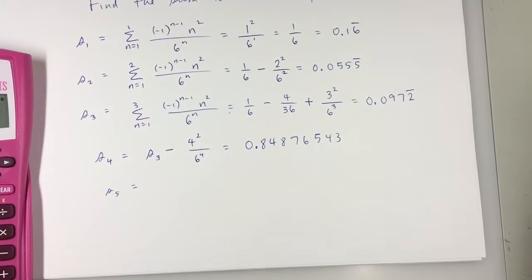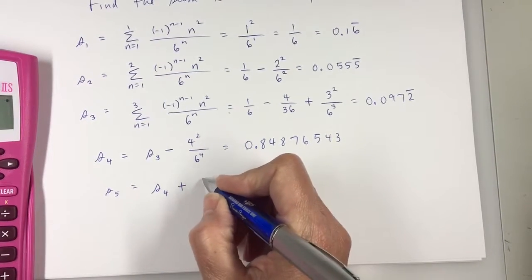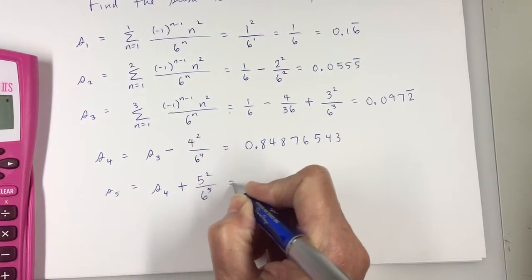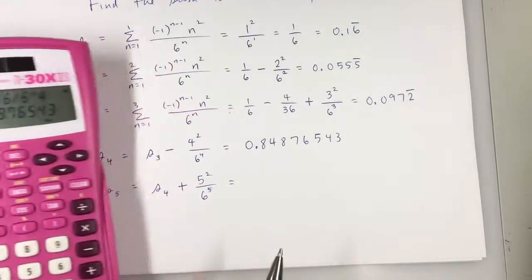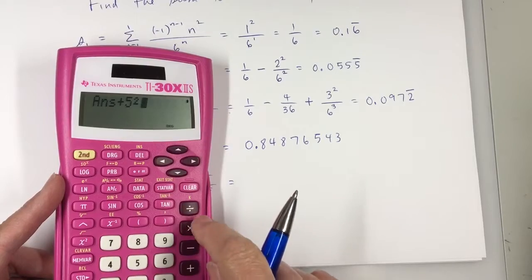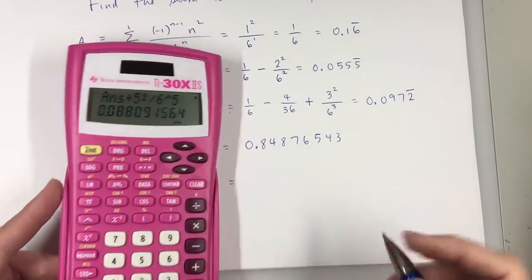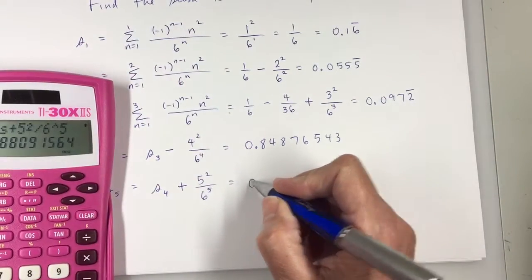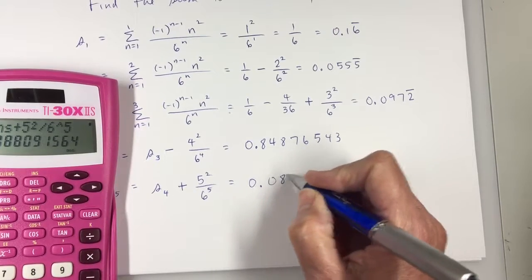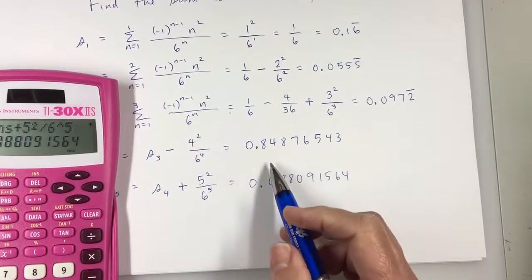S sub 5 is going to be S sub 4 plus, now n is 5, 5 squared over 6 to the fifth. So plus 5 squared divided by 6 raised to the fifth, which is 0.08809. I see I have a mistake on my previous step, right?